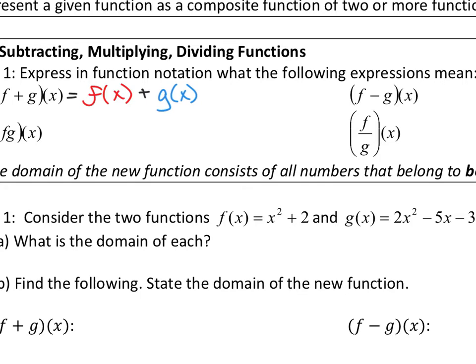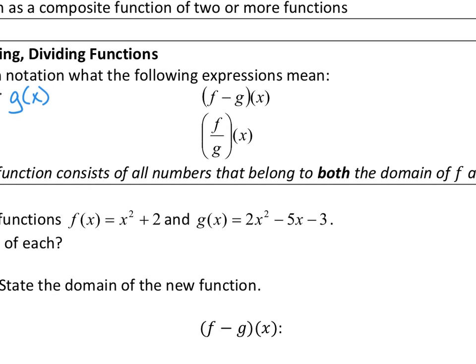To subtract something in the same way, all you would do is take the f of x function, since that's what's listed first in f minus g, and literally subtract the g of x function. Subtracting each term or distributing the negative and then adding, just like you would with regular numbers.